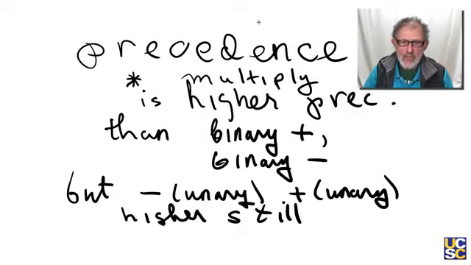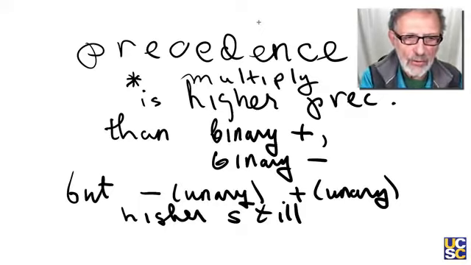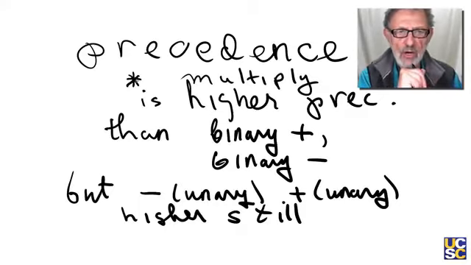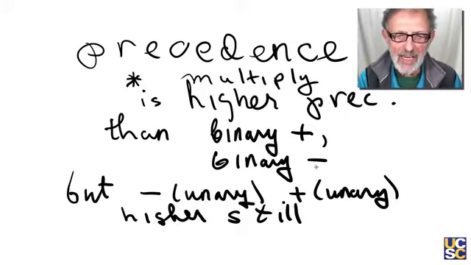And then somewhere in the middle are arithmetic operators. And in the arithmetic operators, you have multiply, for example, which in this case is featured with this star. And that has a higher precedence than simpler arithmetic operations, plus and binary minus. By the way, note that you can also have unary minus and unary plus.